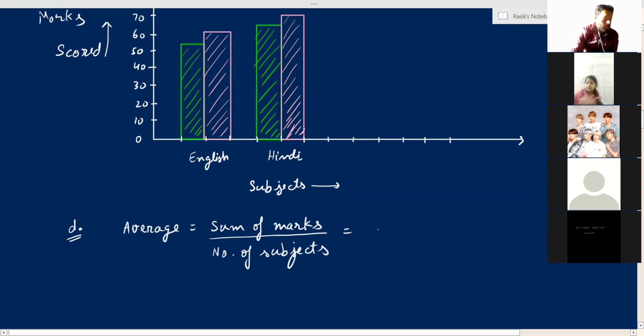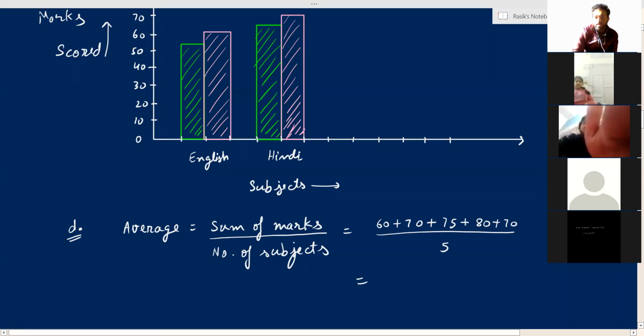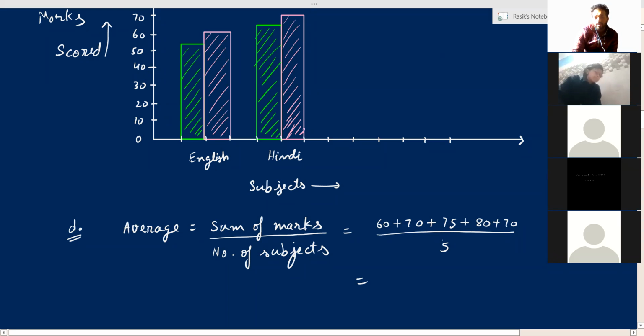So sum of marks means in annual exams, you have to find the average of annual exams. So 60 plus 70 plus 75 plus 80 plus 70 divided by how many subjects are there? 5 subjects. So add all these. 130 plus 150, 280.